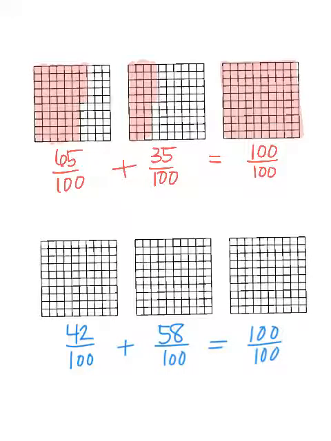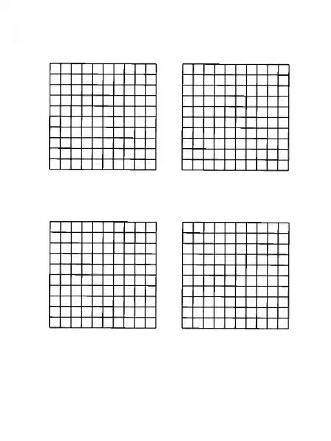And now we will shade in 10, 20, 30, 42. And 10, 20, 30, 40, 50, 8 to equal 100 hundredths. All right, so those are some examples of how we can create addition equations to equal 100 hundredths.